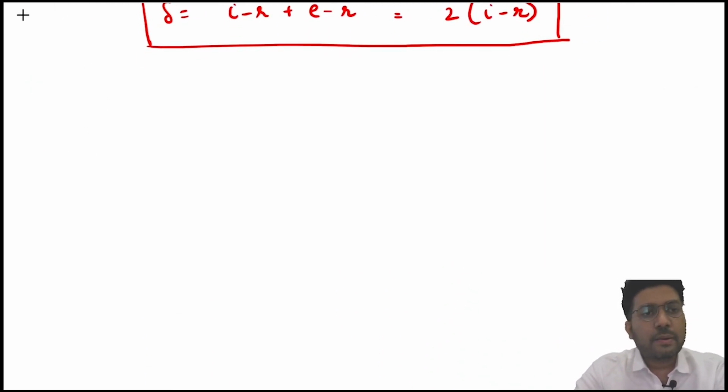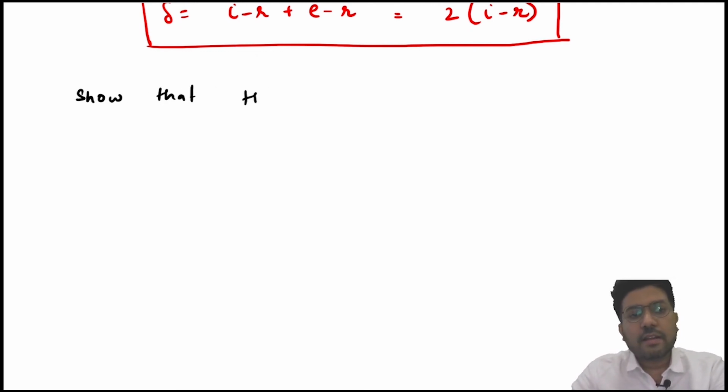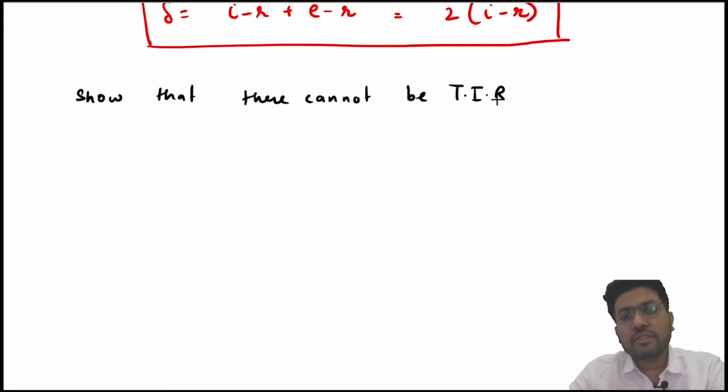Listen carefully now. Show that there cannot be total internal reflection. I am writing in short form. TIR means total internal reflection. Show that there cannot be total internal reflection at the second surface.